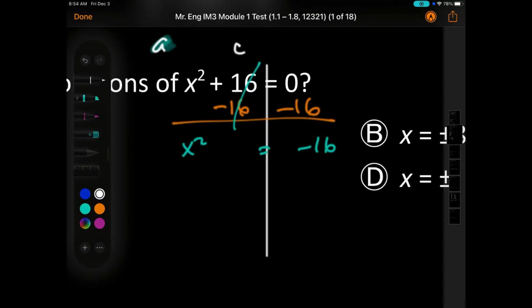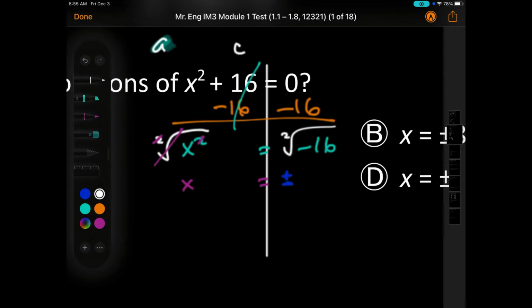Okay, I'm going to get rid of the power of 2 here, I'm going to take the square root. So the index, the radical sign, and the exponent are gone. So you're left with x equals. Now, anytime you do a square root on both sides, you must have this plus or minus.